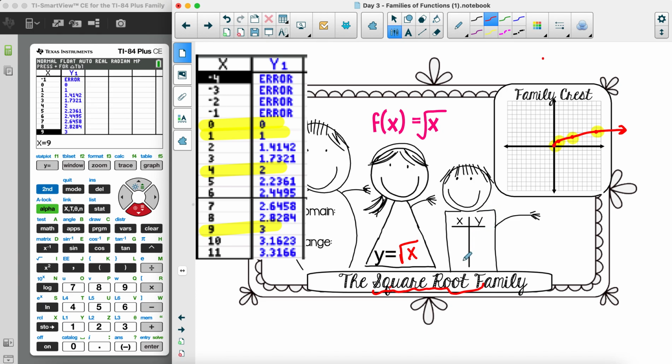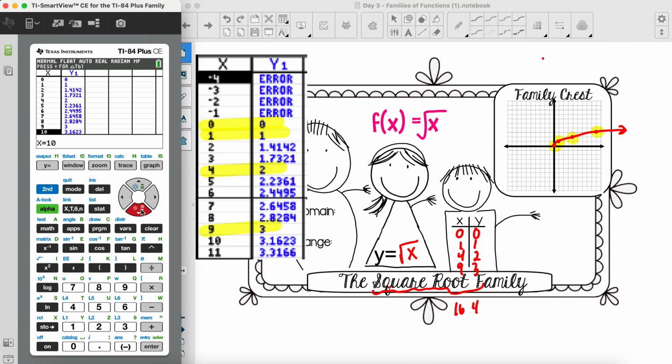All right, this table of values down here, I'm actually going to write that I plotted the point 0, 0. I plotted the point 1, 1. The square root of 4 is 2. The square root of 9 is 3. And the reason I keep saying that is the next point on this graph that has integer xy coordinates is going to be 16 because the square root of 16 is going to be 4.